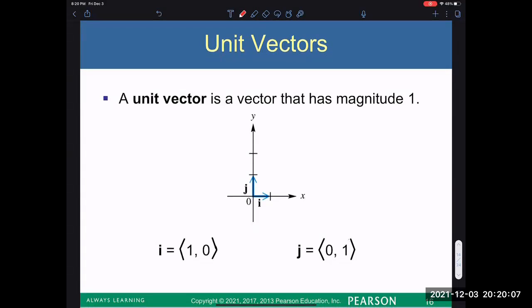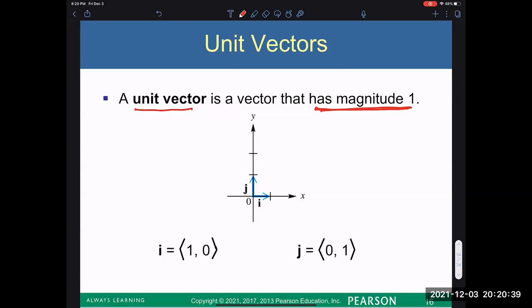And so one key element in this work later is called the unit vector, which is the vector that has magnitude of 1. First of all, we're going to define two things. A unit vector specifically is any vector that has a magnitude of 1. So unit meaning single, a length of 1. And then we define these specific unit vectors in the x and y direction.